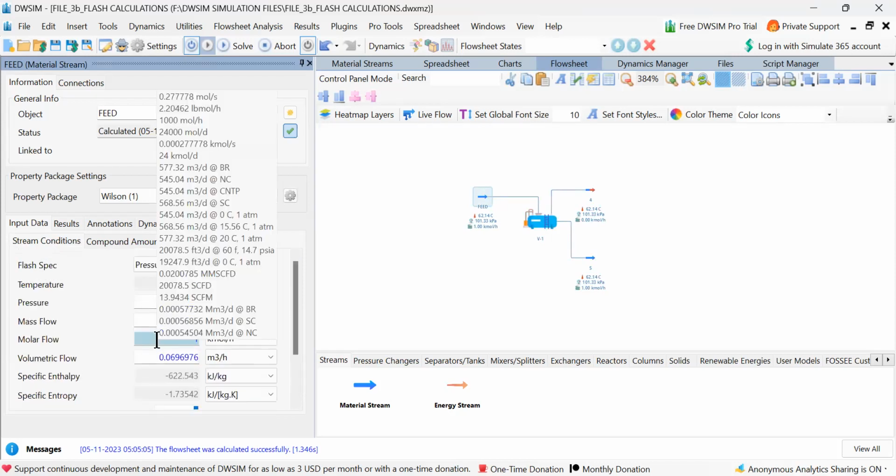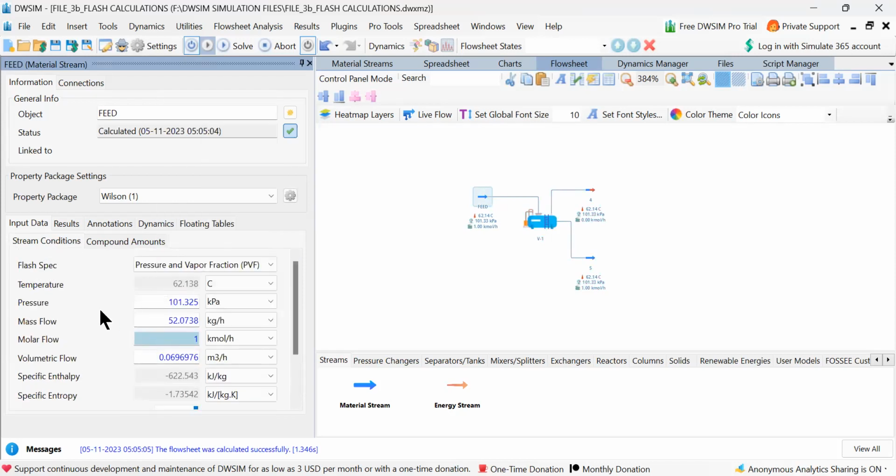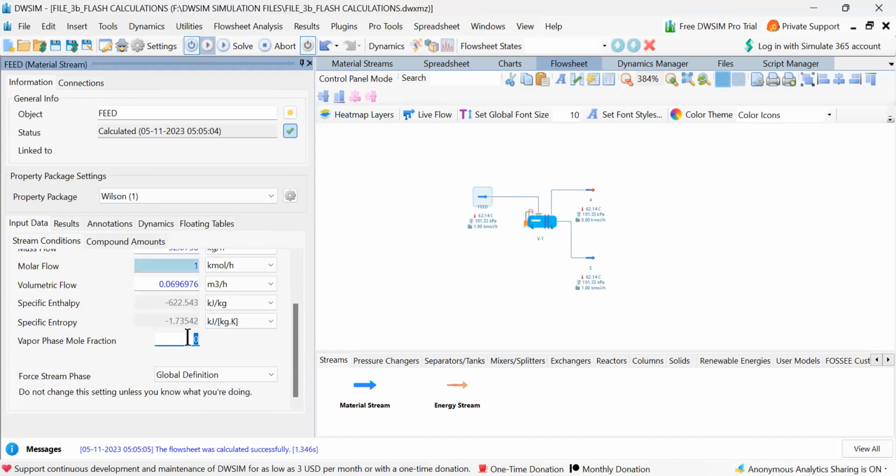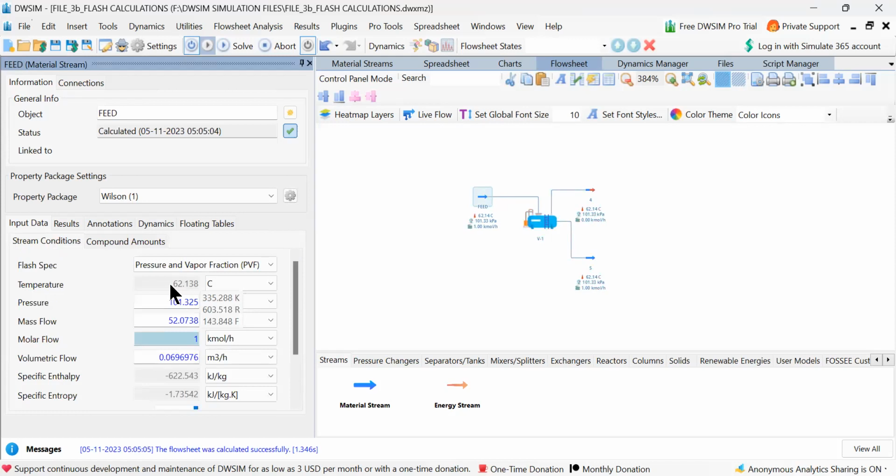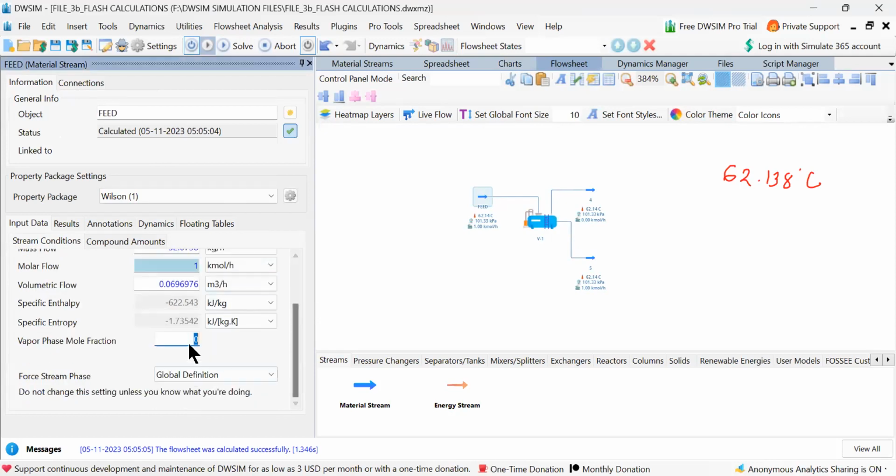That means the entire thing is liquid. So the vapor phase mole fraction is zero, that means we are finding the bubble point temperature. The bubble point temperature is given here as 62.138 degrees centigrade.